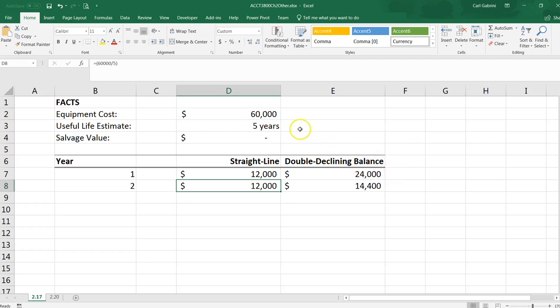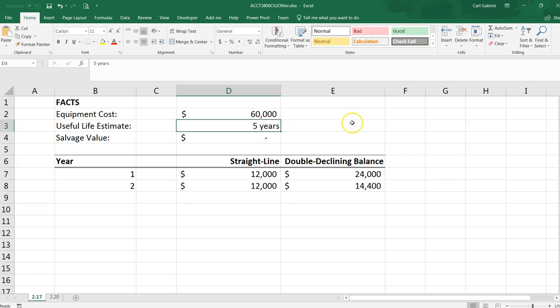And so in this case, what is the straight line rate? Well, we're depreciating over 5 years. And so we depreciate $12,000 per year. And so when we depreciate $12,000 per year, that's equivalent to 20% of the asset each year.